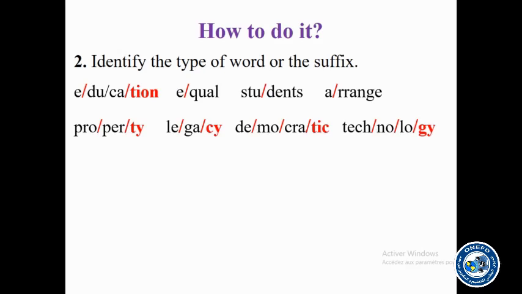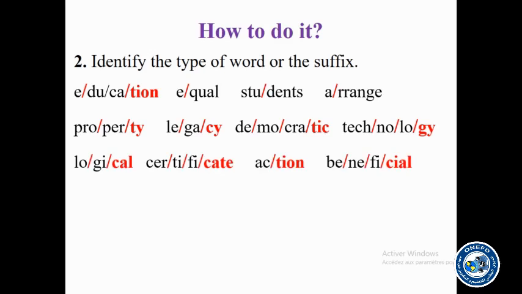Democratic, suffix ic. Technology, suffix gy. So is it but one or but two? Suffix al, logical. Suffix ate for certificate. Tion for action. Ial for beneficial. So pay attention, there's a difference between al and ial.